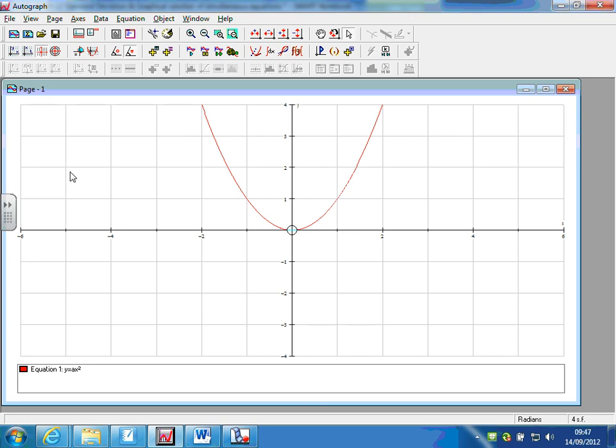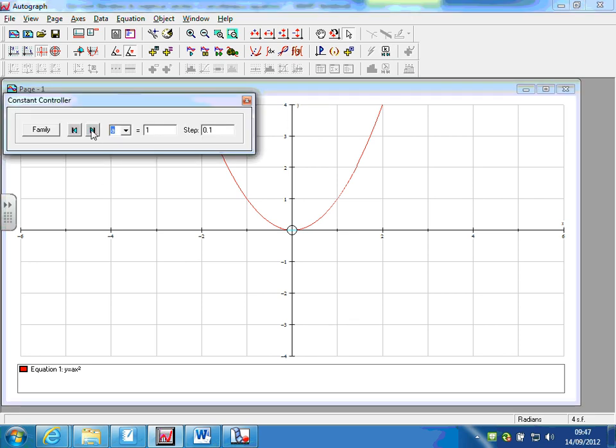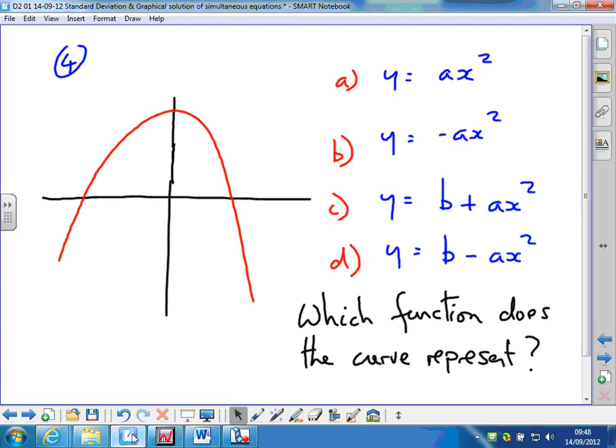Right. So let's try it. Let's go to the constant controller, change a. I'm multiplying x squared by a bigger number, so therefore it's going to increase more quickly, so it will go up a bit. If I reduce a, but notice the position of the curve remains unchanged. Okay. What happens if I type in y equals minus ax squared?